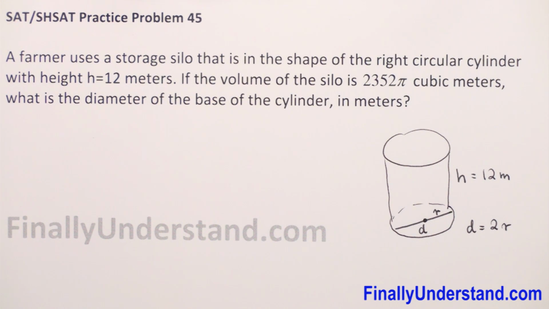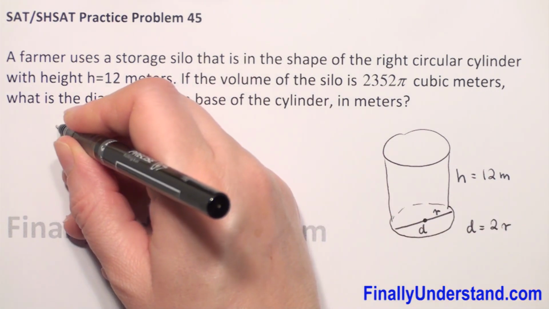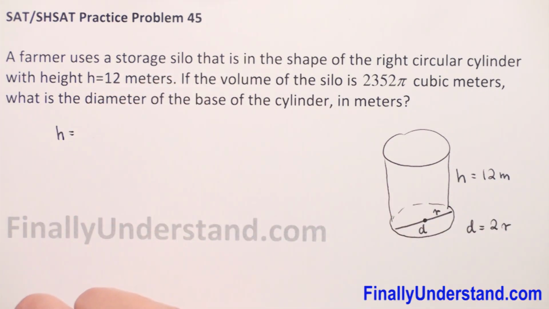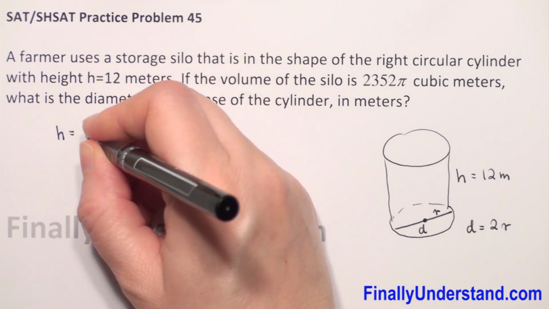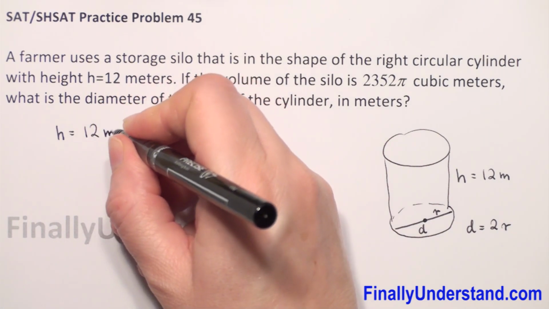So what do we need to find? We need to find D. To find the diameter, we need to find R, because D is 2R. So let me write first what we have given. We have given that H, the height of our silo, is 12 meters.